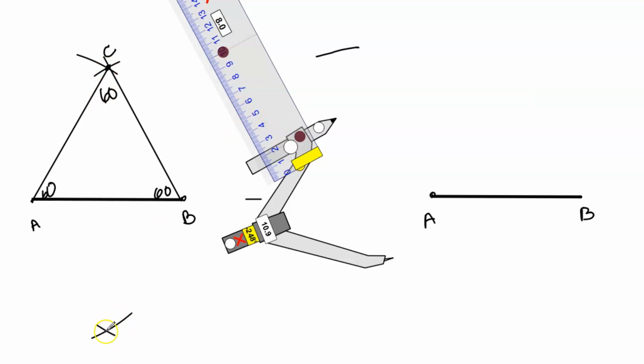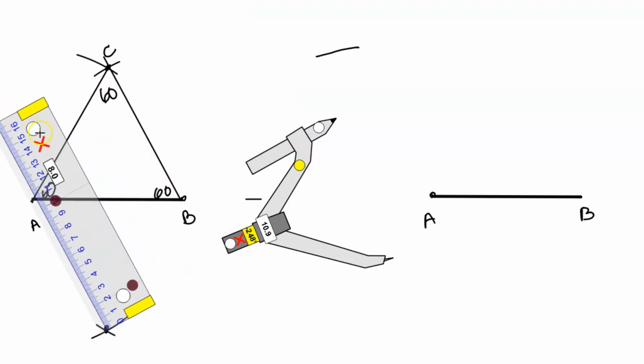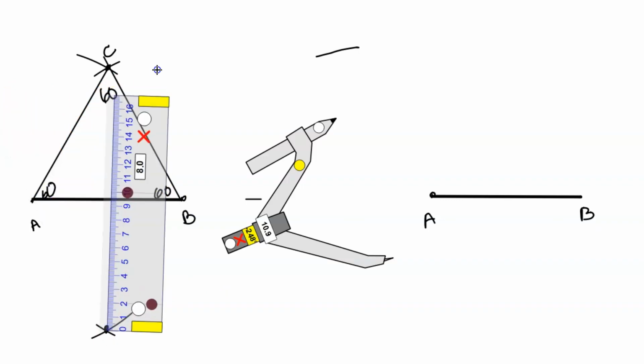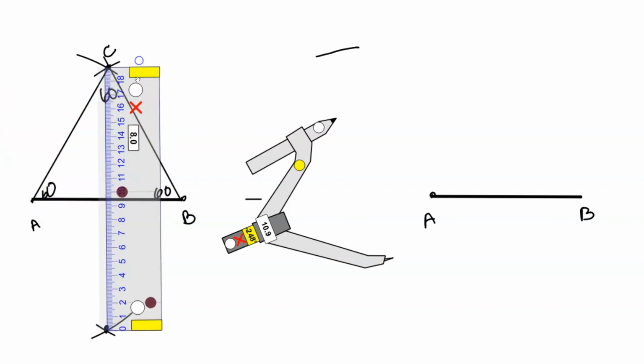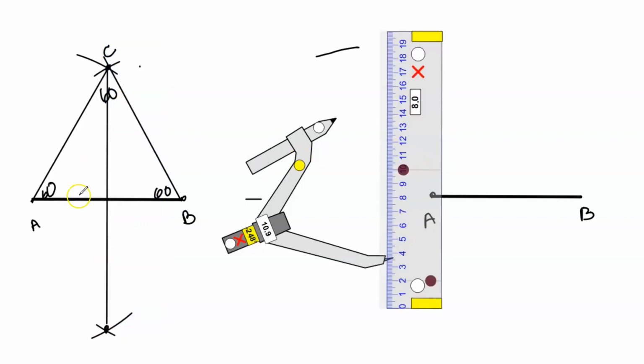If I were to take this intersection of these two arcs and this one up here, line those up using my ruler, let me rotate it around, and draw a line between them, like so, what I would do is take segment AB and cut it in half and create what we call the perpendicular, that's the right angle, bisector.